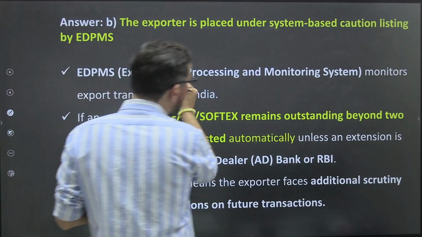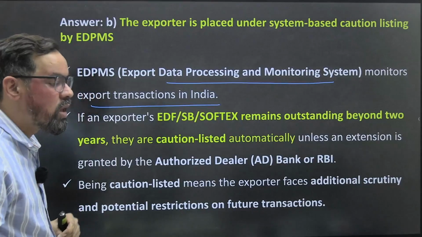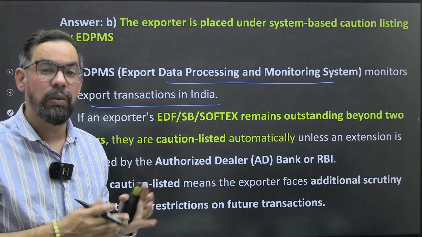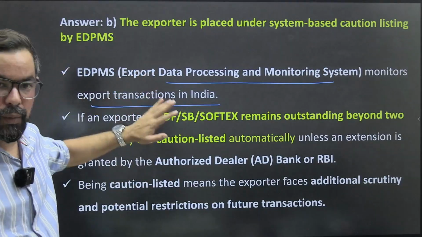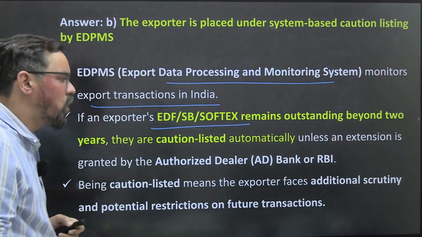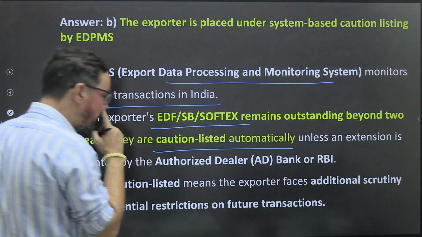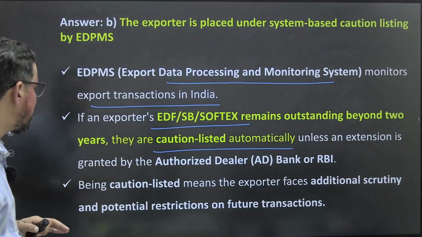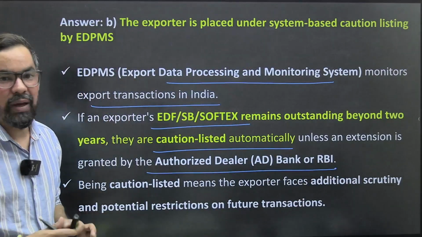So the export data processing and monitoring system monitors export transactions in India, and every transaction done by authorized dealer category 1 banks in India, they have to upload in this particular portal itself, right? So if an exporter's EDF, SB and Softex remain outstanding beyond 2 years, they are put in the caution list automatically unless an extension is granted by authorized dealers or RBI, and they also pay the penalties.